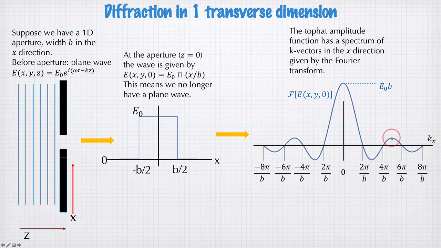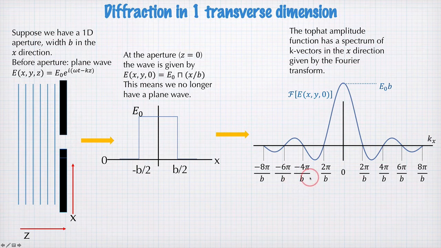But if we imagine a small bunch of waves propagating with very similar kx, they'll all propagate out at some similar angle. Therefore, if we look at the shape of the field, the cross-section of the field in the x direction a long, long way from this aperture, what we'll see is all these waves here grouped together with this sort of similar kx, and they'll be separated from the waves here with this kx.